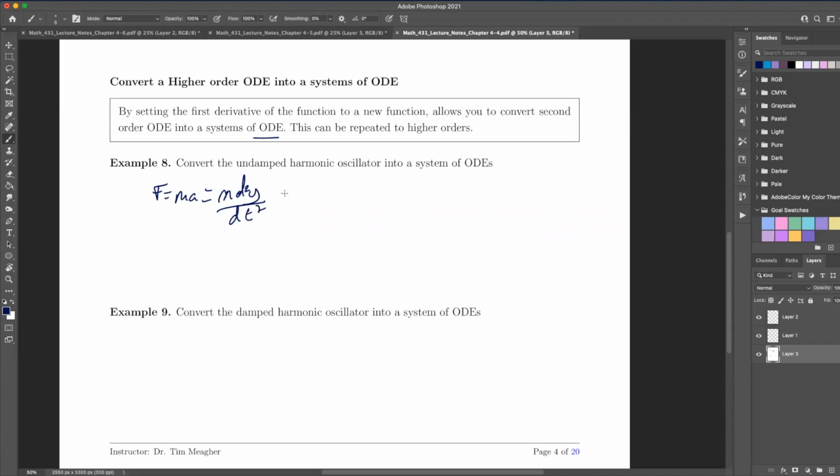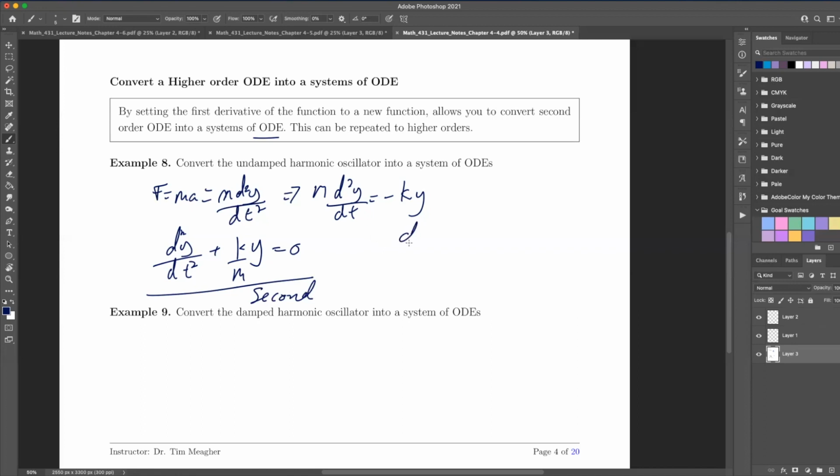That implies that m d squared y over dt squared is equal to minus ky. And then we got it back to this, where we have d squared y over dt squared plus k over m y equal to 0. So here we have this, and this is second order, right?